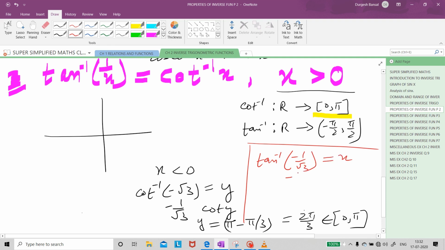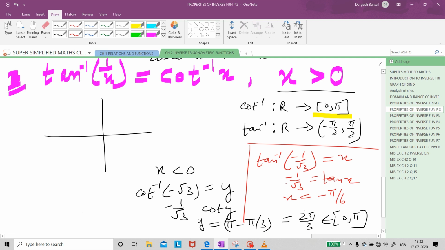Let it be x minus 1 by root 3 will be tan x, and as per the domain and range of tan inverse x, x has to be minus pi by 6.